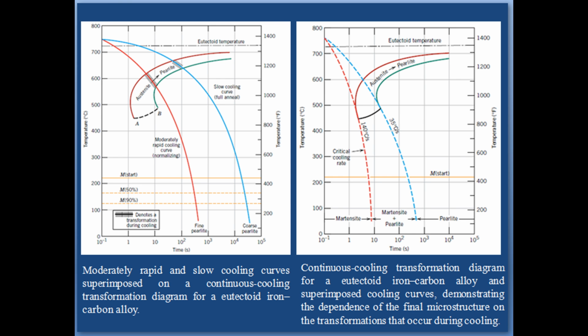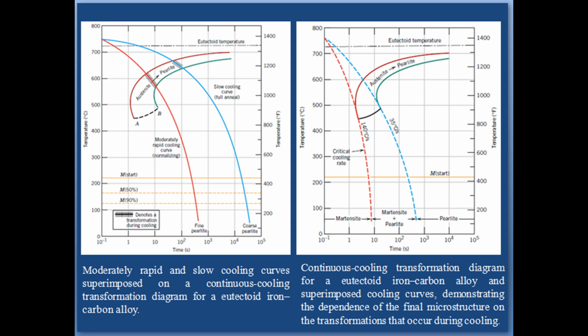In addition, there is a range of rates over which both pearlite and martensite are produced. Finally, a totally pearlitic structure develops for low cooling rates. Carbon and other alloying elements also shift the pearlite, as well as proeutectoid phase and bainite noses to longer times, thus decreasing the critical cooling rate.